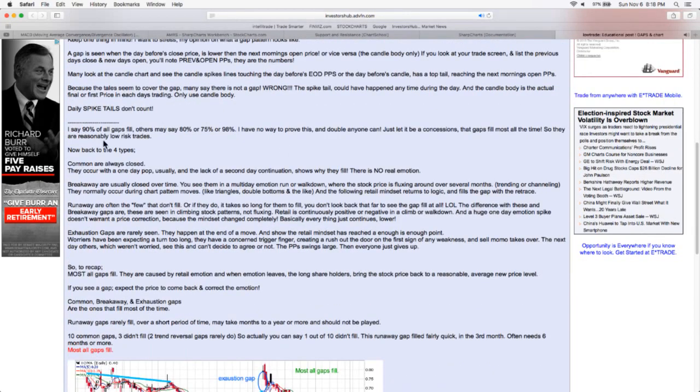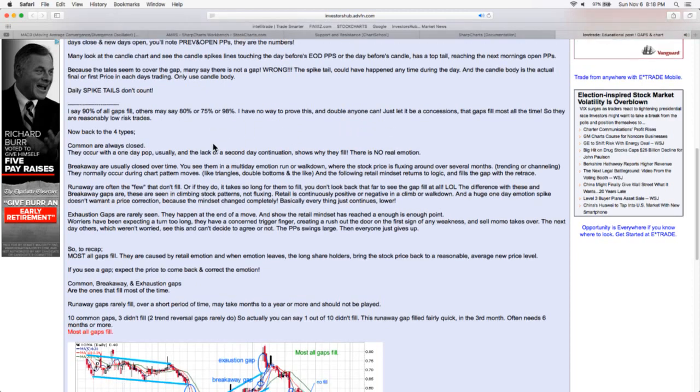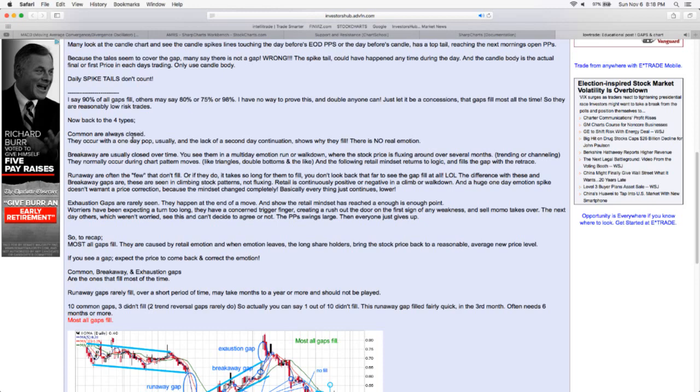Okay. So 90% of all gaps will fill eventually. Some people might say lower, but it's 90%. Common gaps are always closed. They usually occur one day, and then with the second day lack of continuation, it'll drop and fill.